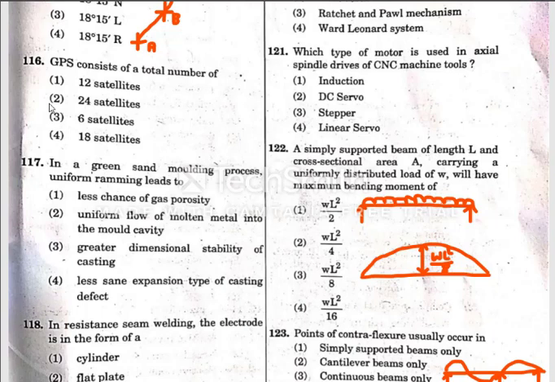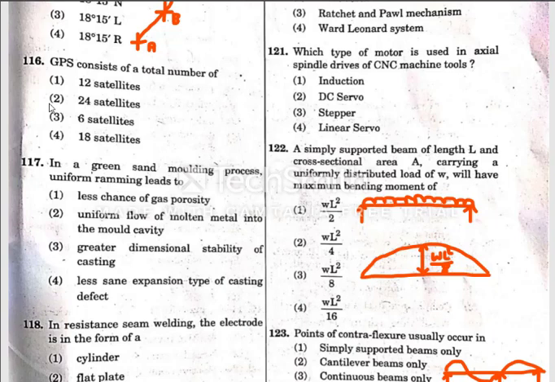And the next question, in a green sand molding process, uniform ramming leads to greater dimensional stability of casting. So option 3 is the correct answer for this question.